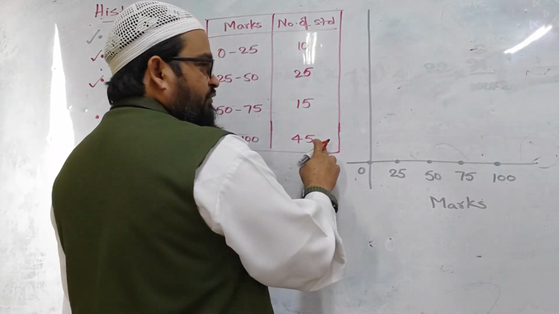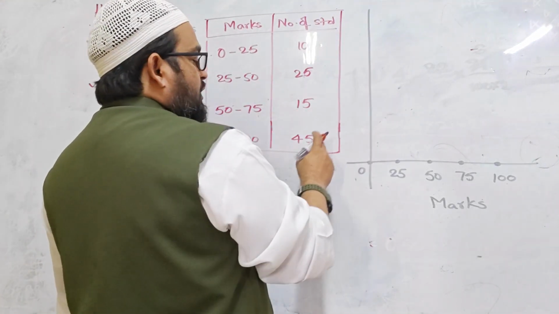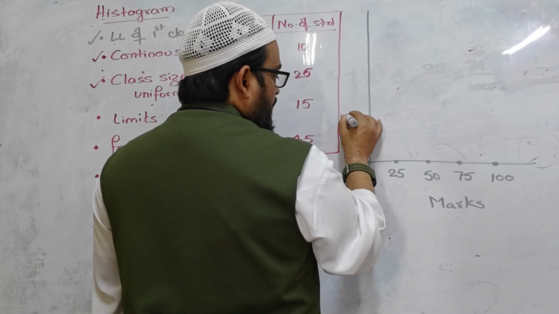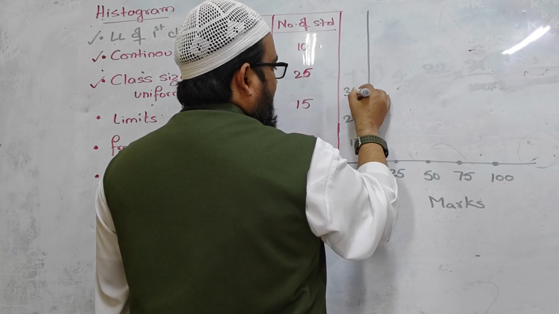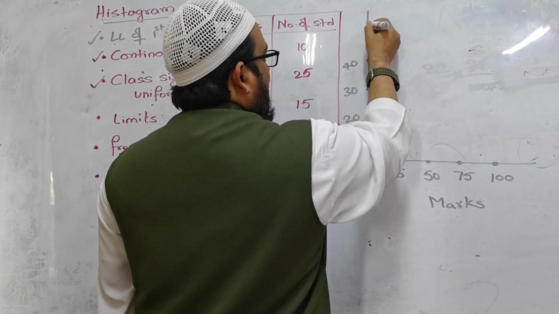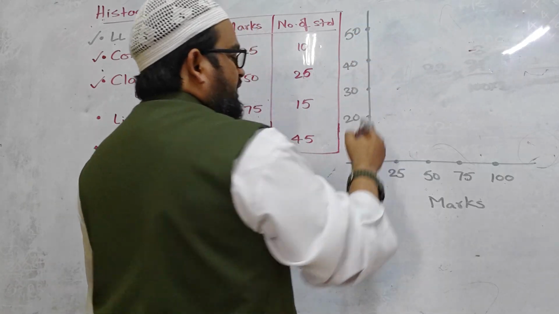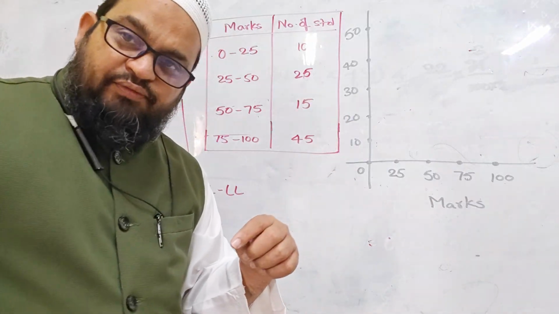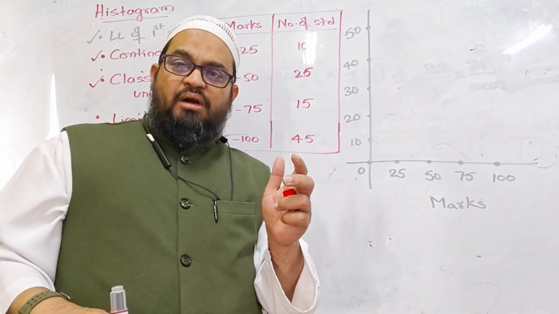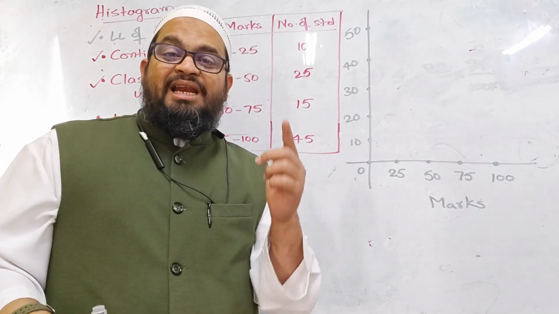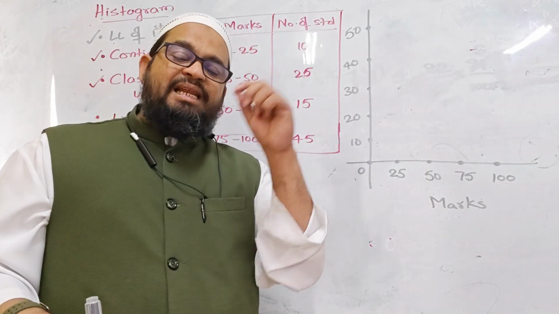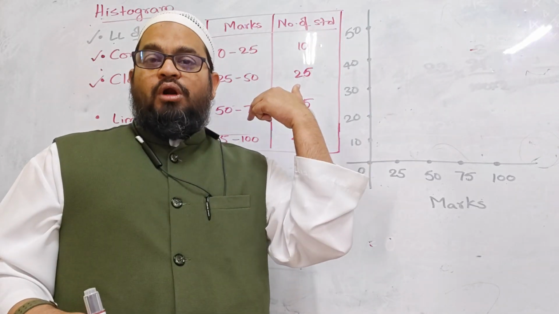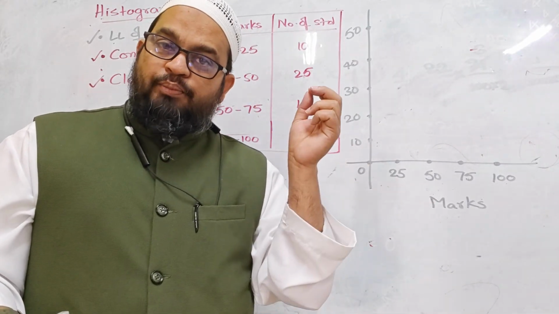Since it is 45, 2 means you need 22 units. So it's better to take 10. Okay, 10, 20, 30, 40 and 50. So I prefer tens because each unit in the graph paper is divided into 10 units.